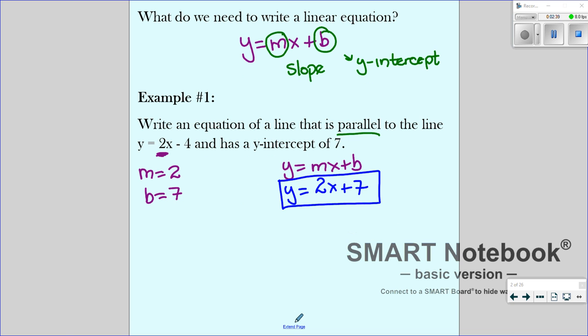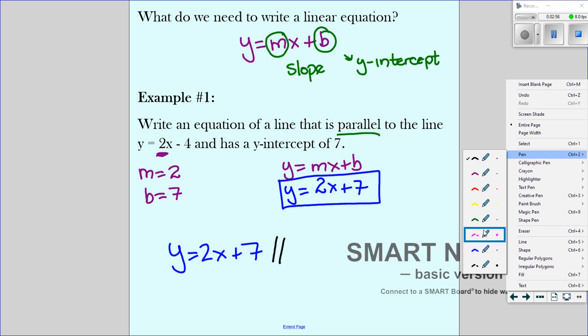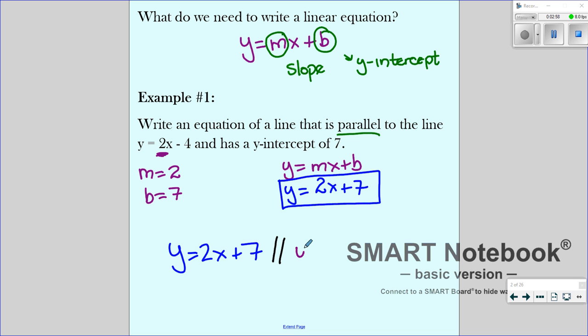So that means that y equals 2x plus 7 is parallel, that's the symbol for parallel, parallel to y equals 2x minus 4.